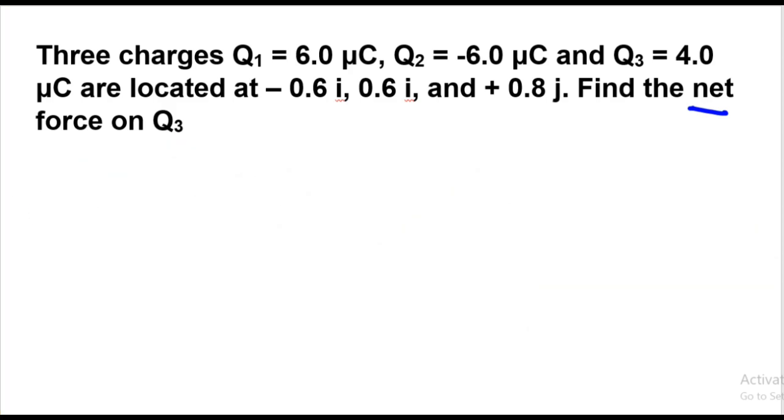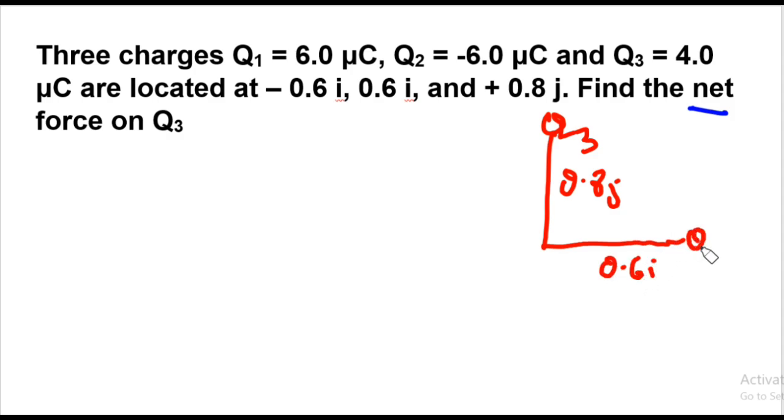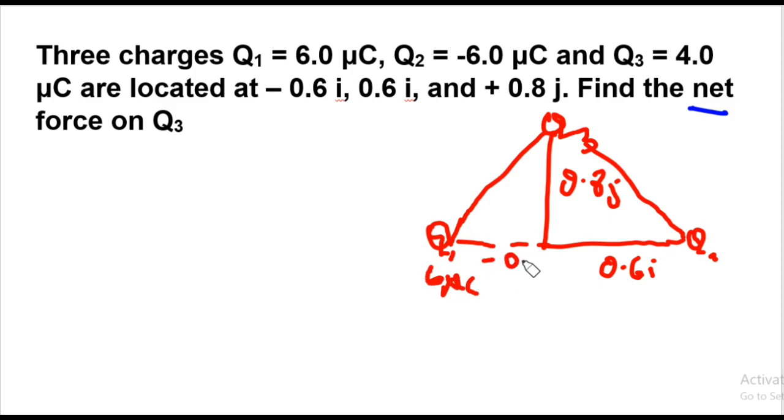So we have something like this. Let's give other construction. This is 0.8J. This is Q3. This is 0.6I. This is Q2. And this is Q1. Q1 is 6 microcoulomb, and this is minus 0.6I.